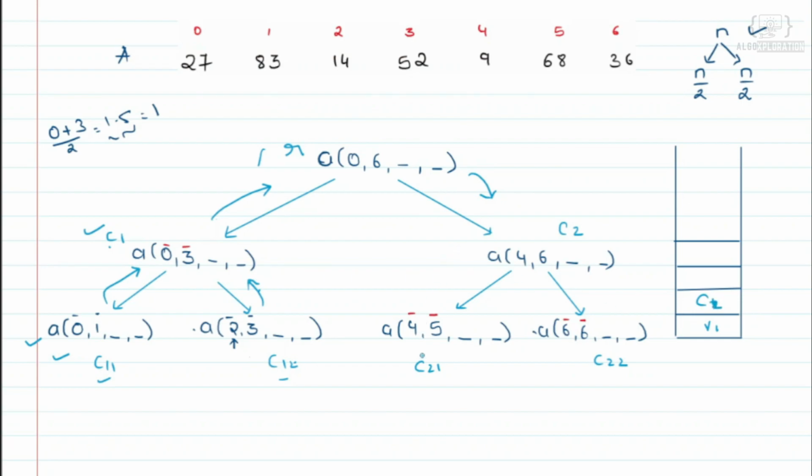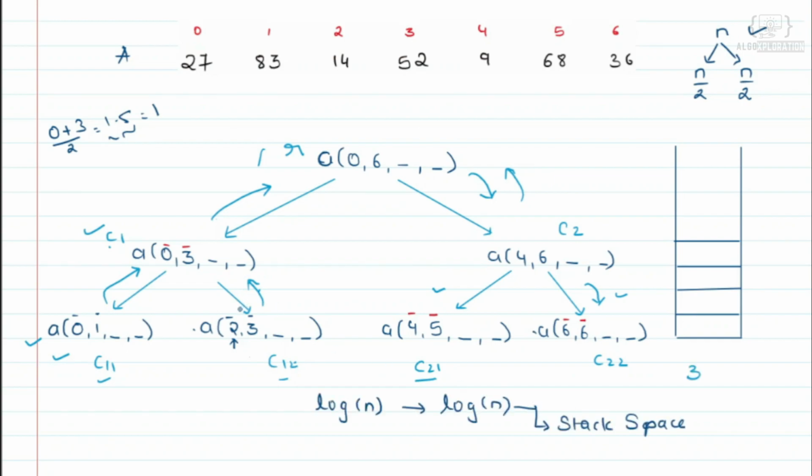Similarly C2 will call C21, and it is a small problem, so it will return its value and get popped. Now C2 will call C22, and it is a small problem, so it will return its value and get popped. Now C2 has both the values from C21 and C22, so it will return its value to root and it will get popped, and finally root also will get popped. So in this way calling happens recursively inside the stack.